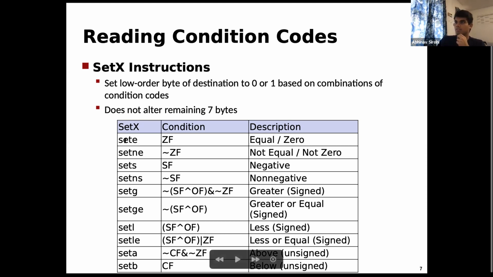So if we did something like set E, it'll check the value of the 0 flag at that moment. And if that value is 0, it'll set your register to 0, and if it's 1, it'll set it to something else. It'll set it to 1.